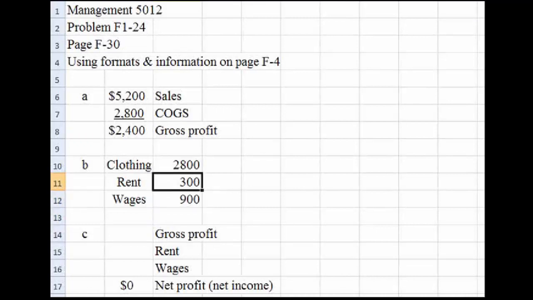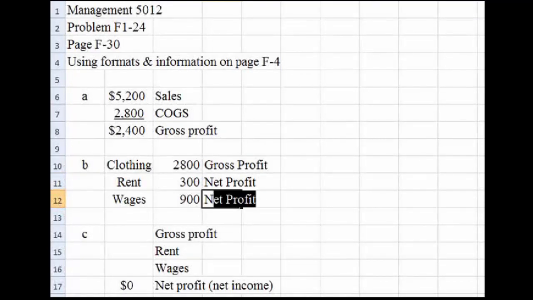We've already identified that the clothing costs comes out of gross profit. So let's type in gross profit right next to it. The rent does not come out of gross profit, so obviously it comes out of net profit. And the same for the employee wages.